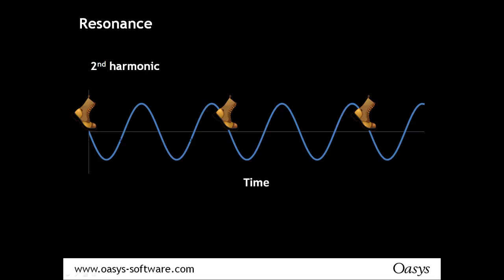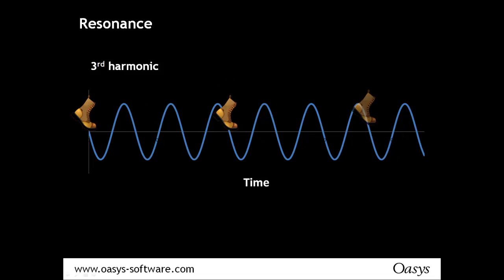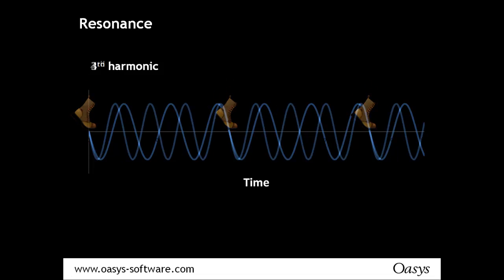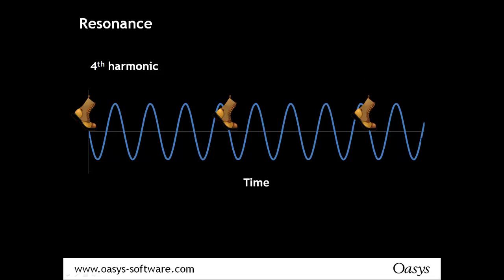You can resonate with the second harmonic. If the floor frequency is twice that of the footsteps, then you'll get resonance on every other cycle of the floor. You can also get resonance on the third harmonic and even on the fourth harmonic.